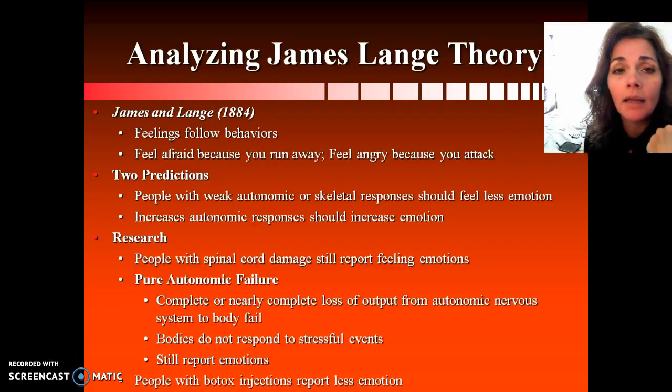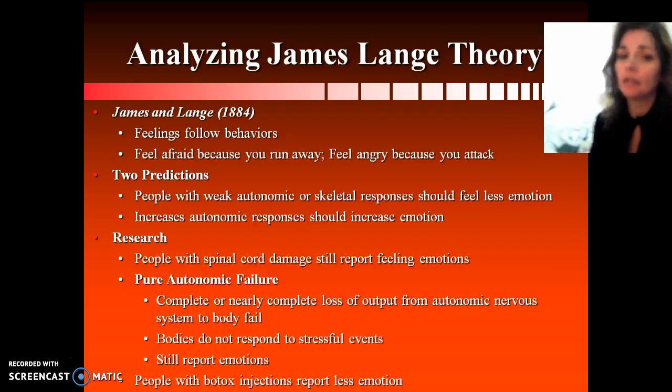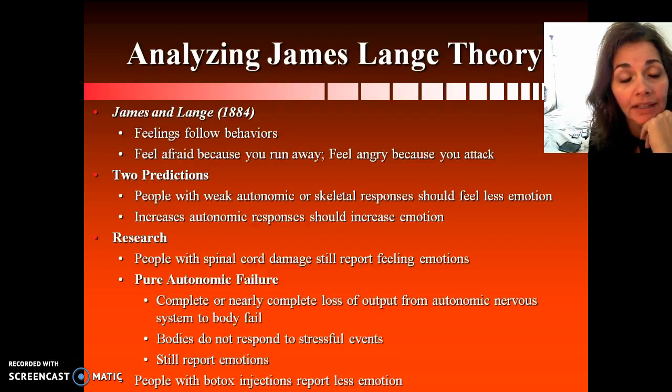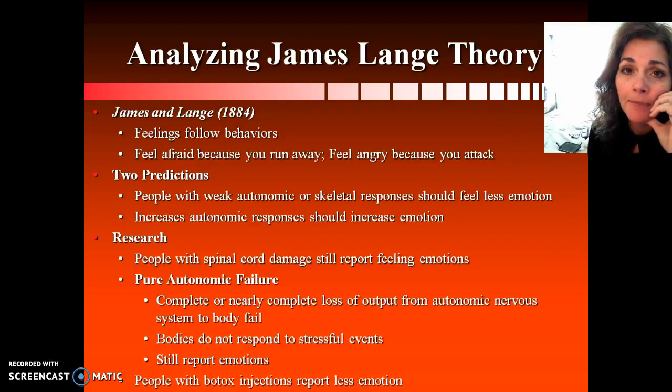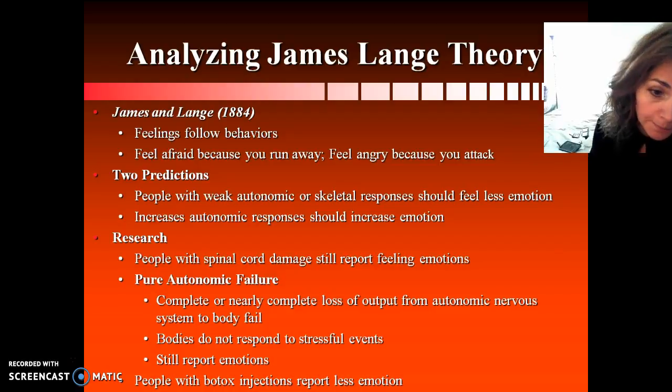Number one, people with weak autonomic responses don't have that same physiological response to circumstances, so therefore they should report feeling less emotion. And the opposite should be true as well, where people that have a heightened autonomic response should report having heightened emotional reactions as well.